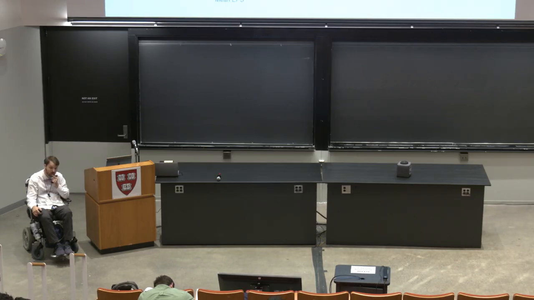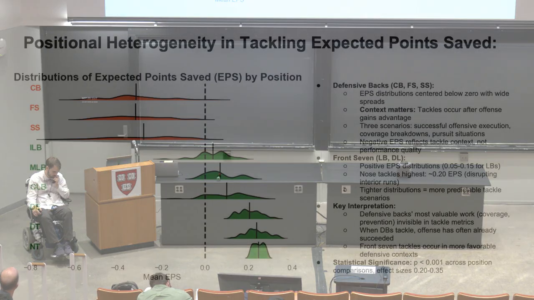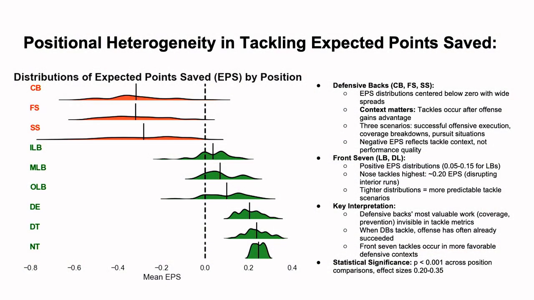Hi, great talk. I like it. I have a question about this plot and what it's saying. Correct me if this is wrong. I think you're saying that cornerbacks are making tackles where the team has already lost an advantage, or the ball's already 20 yards downfield and there's been a positive play for the offense.